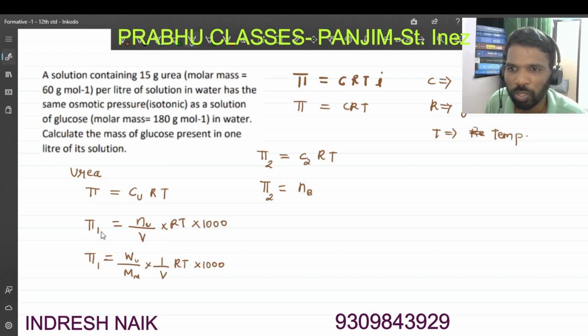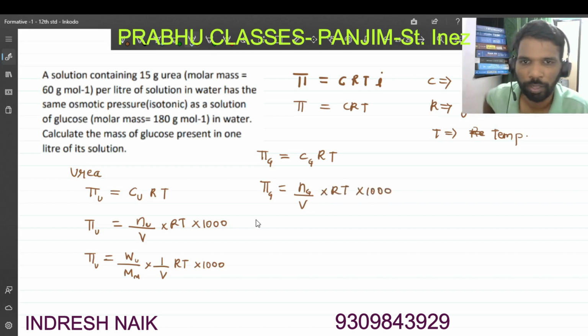And here also I'll change this to pi, osmotic pressure U. This is due to urea, and this is due to glucose. So for this I'll write osmotic pressure due to glucose, G. Number of moles of G upon volume into R into T, and this 1000 is the conversion factor, right?